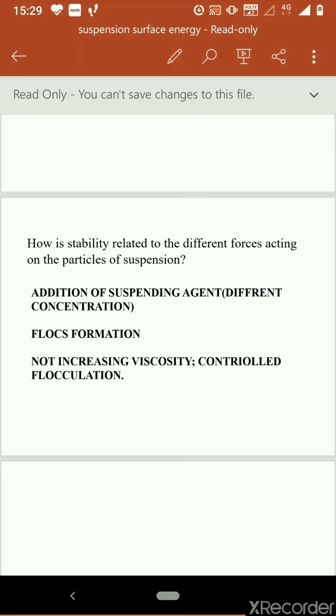By knowing the surface free energy of any solid, one can predict the behavior of any liquid on the surface. The surface free energy is also the sum of intermolecular interactions.